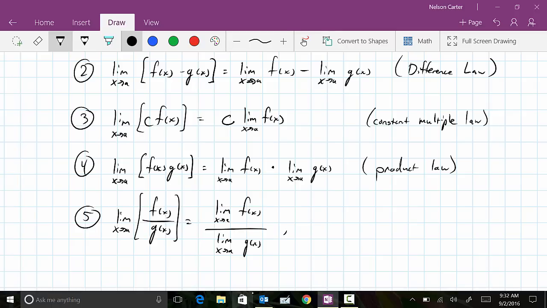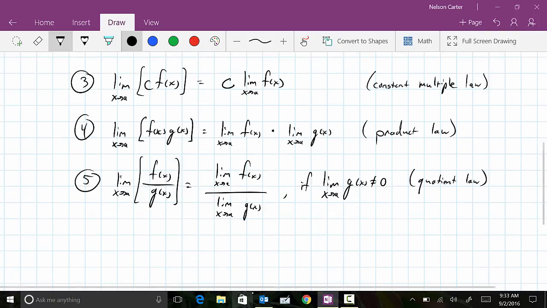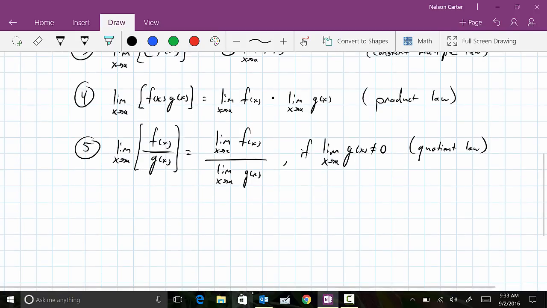Now, you can only do this, again, if both of these limits exist, and, in this case, if the limit as x approaches a of g of x is not 0. Okay, that's an important thing to keep in mind.